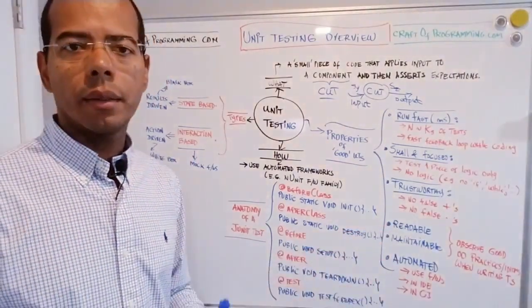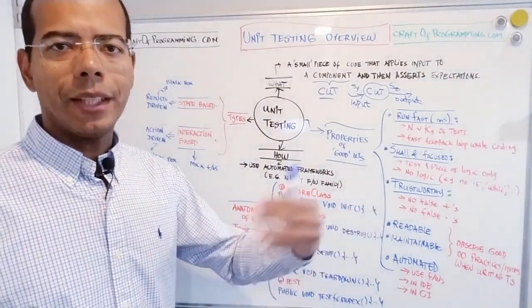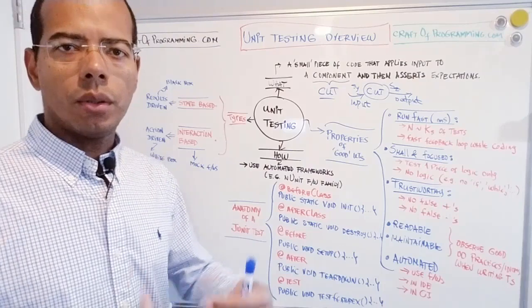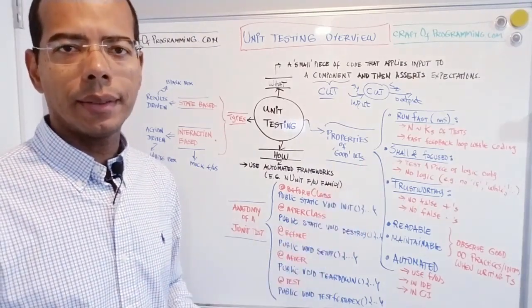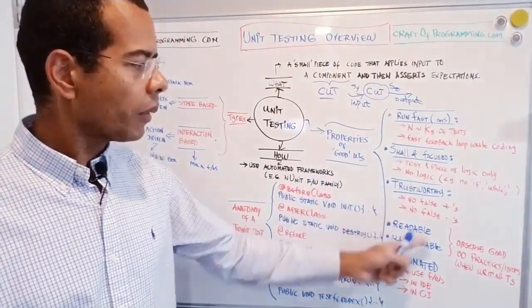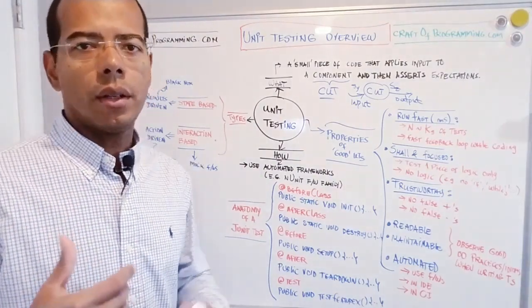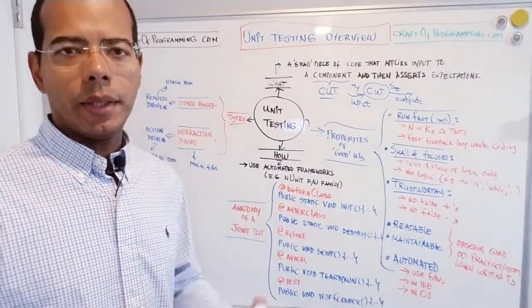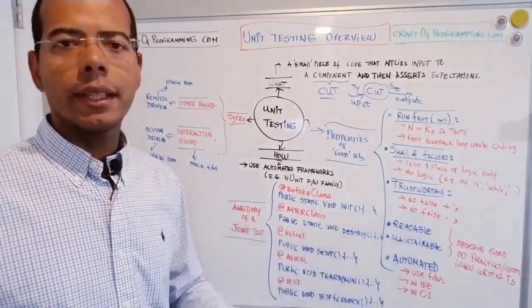And just like production code, unit tests evolve and change over time. The production code that the unit tests are testing evolves and changes, and so does the unit test. So it's important that unit tests are readable and maintainable. Don't forget that these things last for a long time.